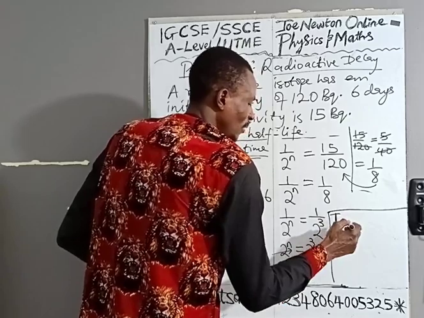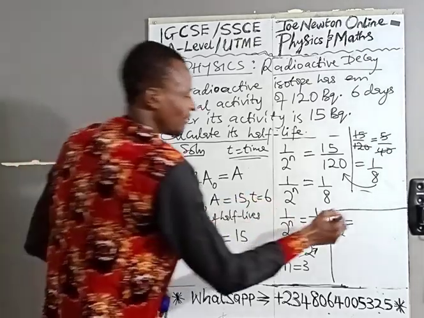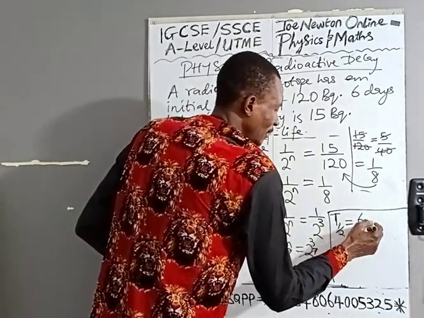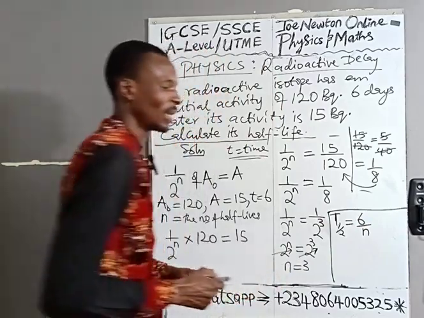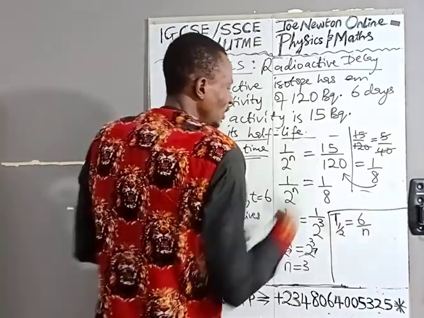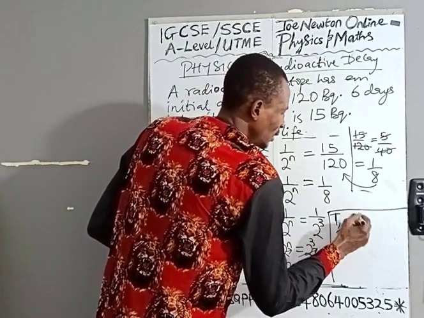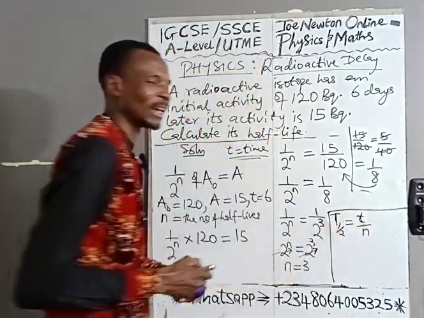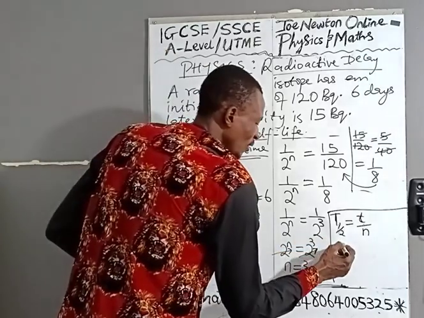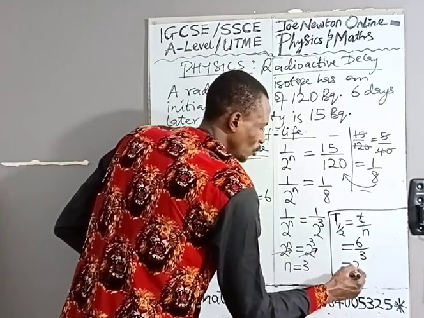T half will now be equal to this T divided by N will give you the half-life. So the half-life, let me use the symbol first before substitution, equals T over N, the number of half-lives in the activity, which is equal to 6 over 3, which is equal to 2.